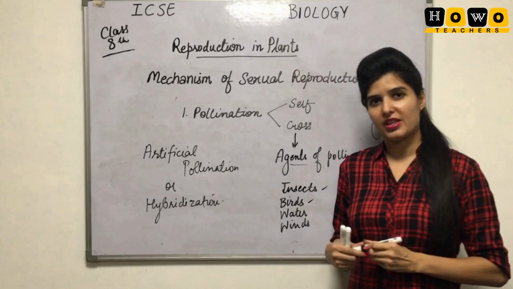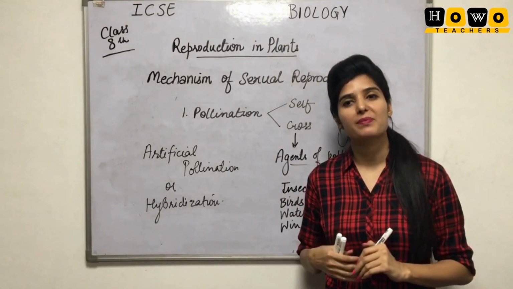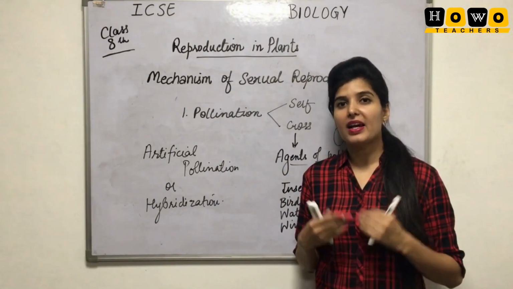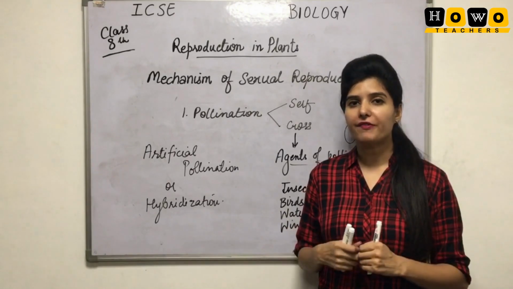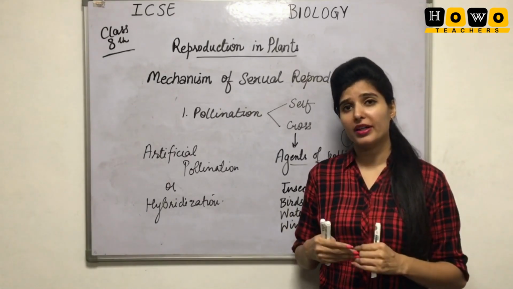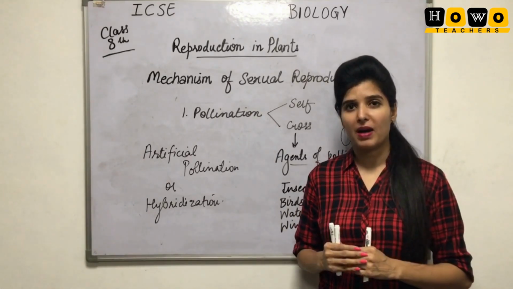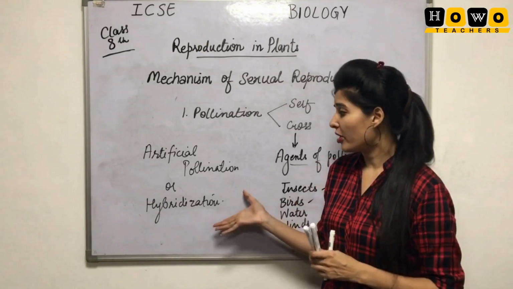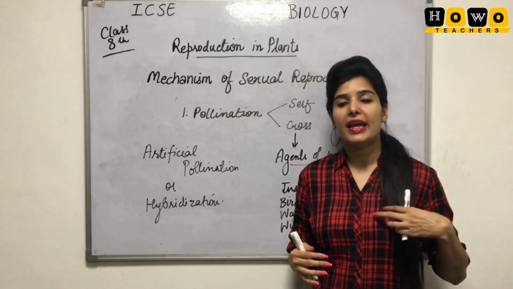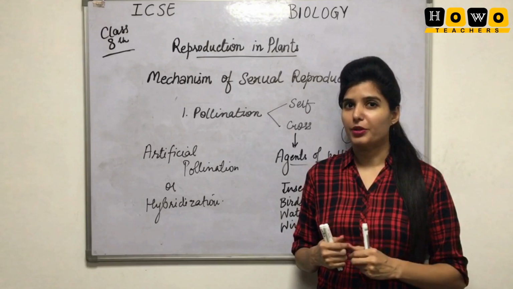In this process, human beings by themselves can take the male part of the flower and let it pollinate the female part. Like this, the pollination can be carried out in suitable conditions.